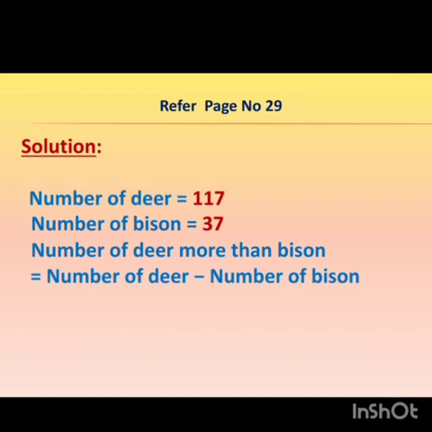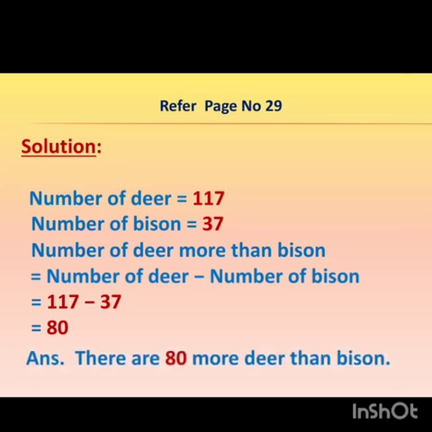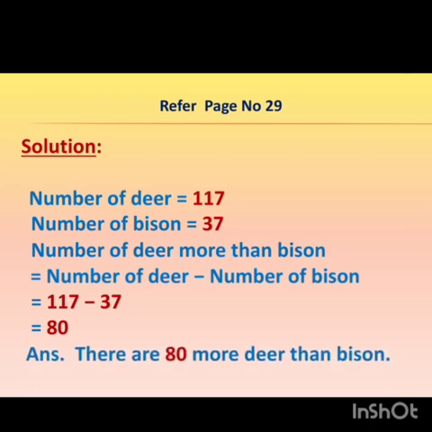As you know, the number of deer is more than the number of bison. So the number of deer is 117 minus the number of bison, which is 37. So we get 80. So the answer is there are 80 more deer than bison.